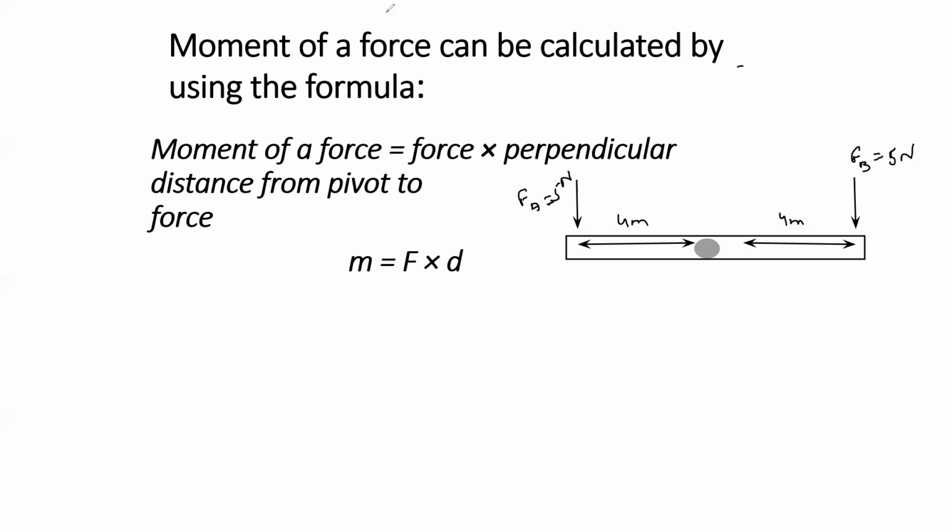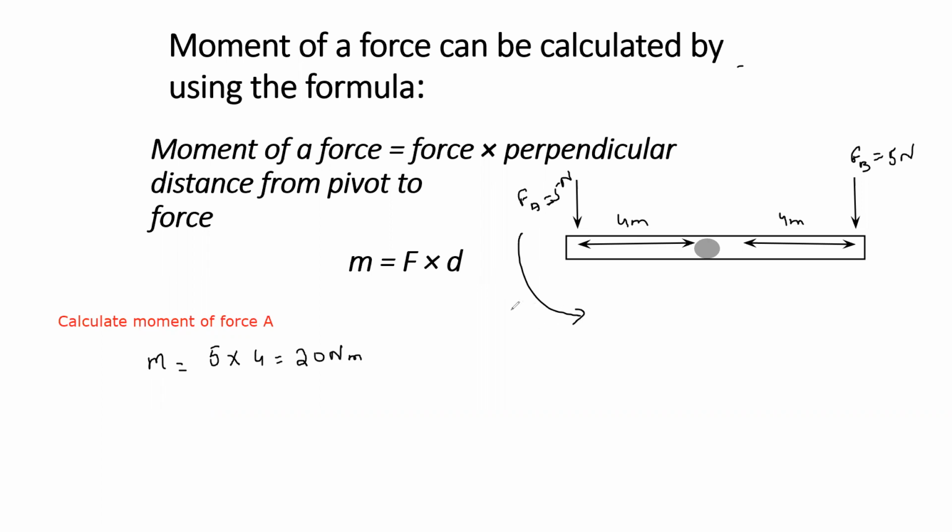So if a question is calculate the moment of force A, how do we calculate the moment? The moment is the product of force and distance. So this is a turning effect. The force is 5 multiplied by the distance 4. So 5 multiplied by 4, that's equal to 20 Newton meter.